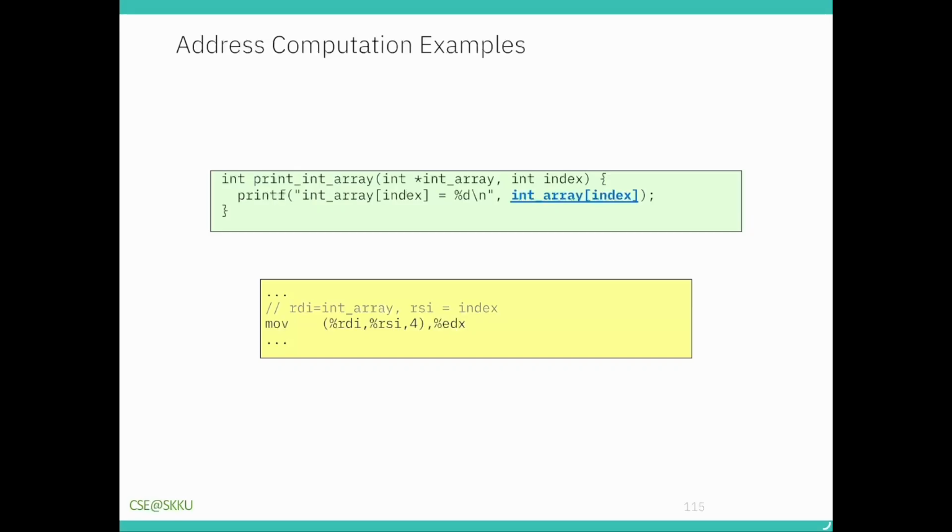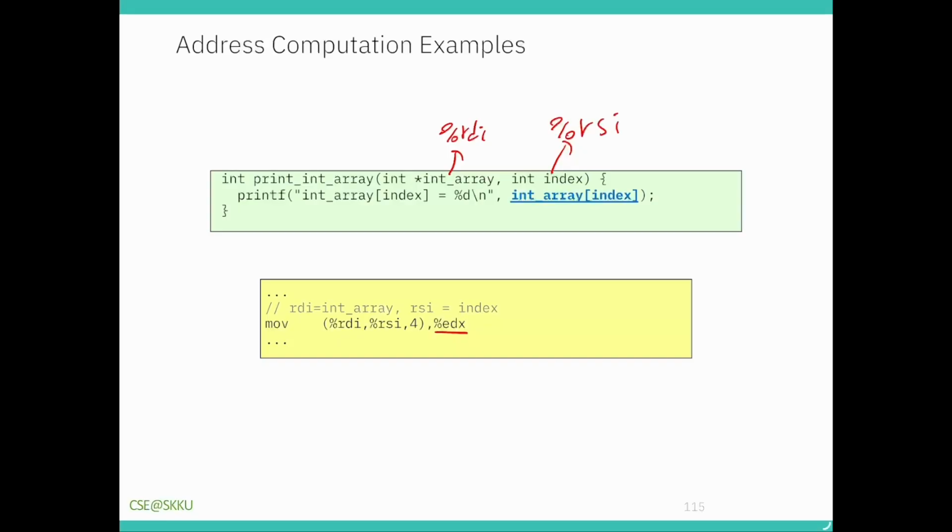So take a look at this example. Given a simple program that looks like this, how do we move data out of memory and into the EDX register so we can start computation? The first variable is stored in RDI, and the second argument is inside RSI.